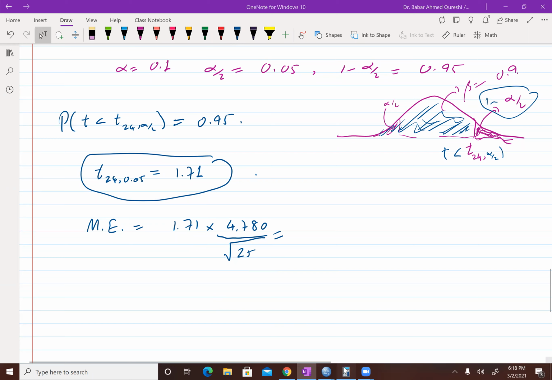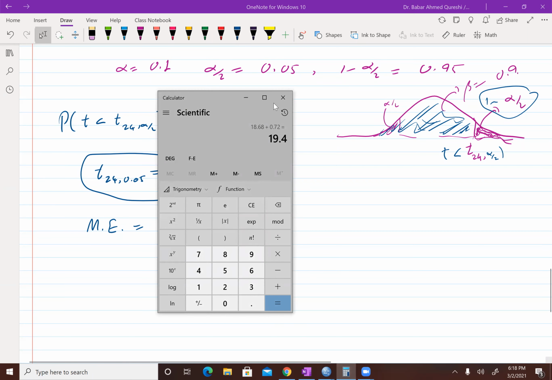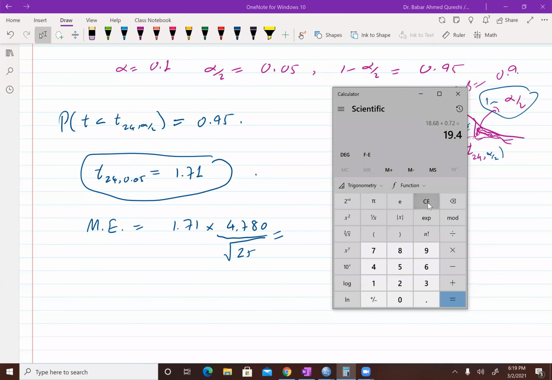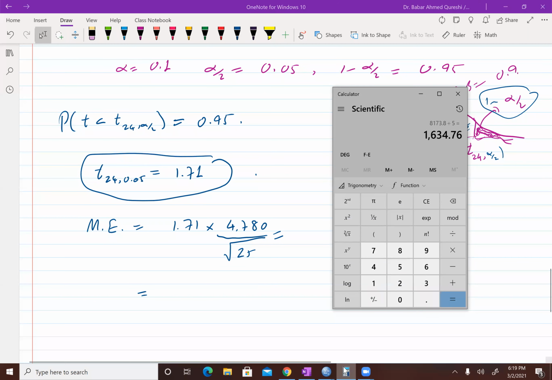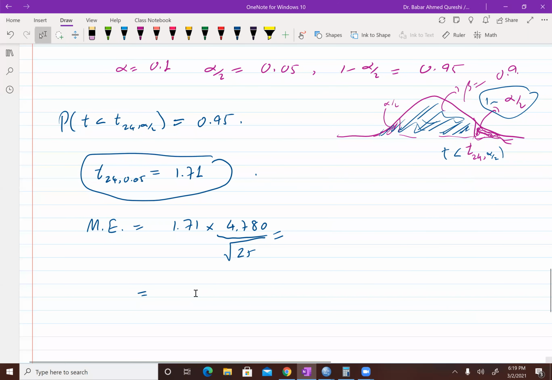So I can just do it on the calculator. Wait, I'll come back to you. Divided by 5. So the margin of error is 1634.